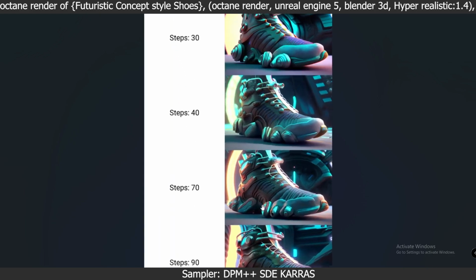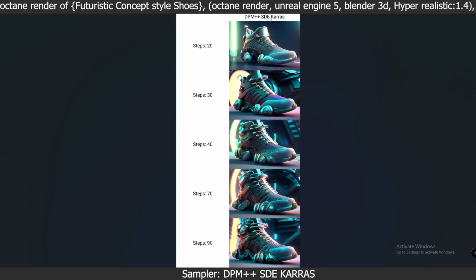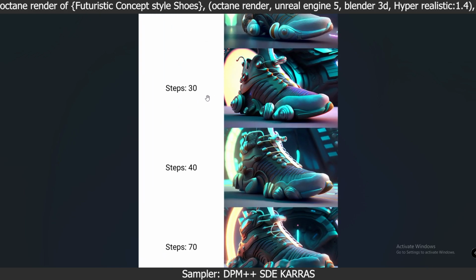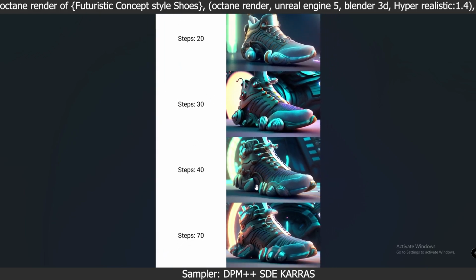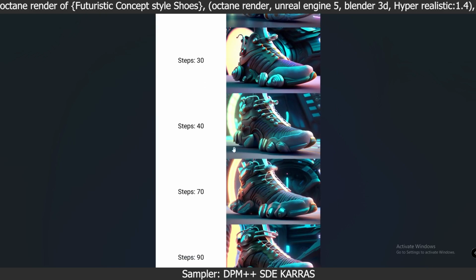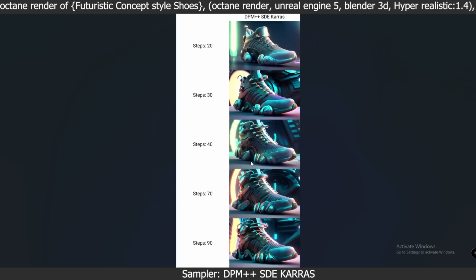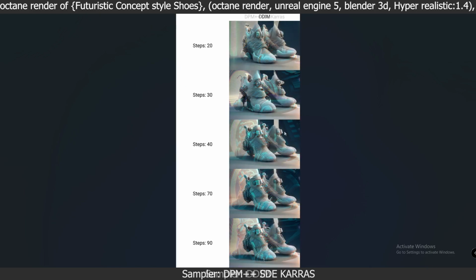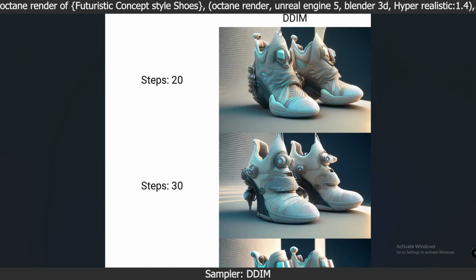So this is what I learned: if you are going with DPM++ SDE Karras, you can keep increasing steps, but I will recommend sticking with 30 to 40, not more than 40. That's great. So that's what I learned from this sampling method. Now let's jump on to our next sampling method. The next sampling method is DDIM.